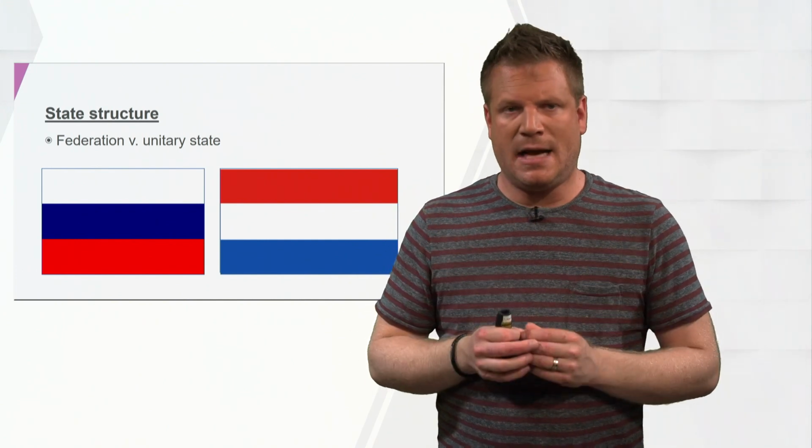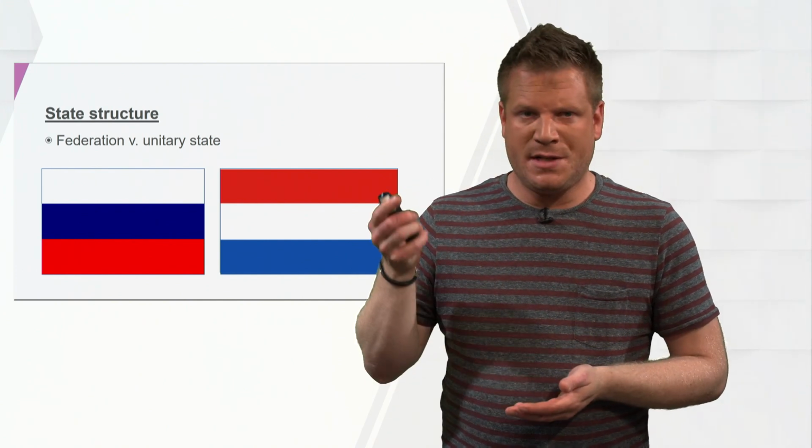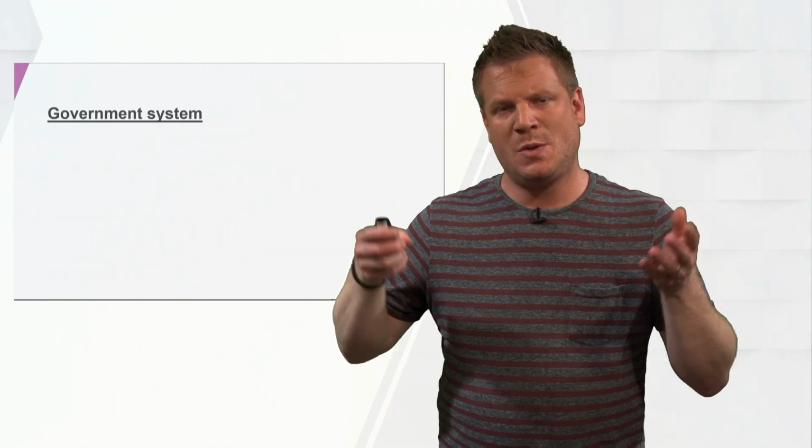So this is about a state structure, which is a different discussion compared to the government system. In the context of a government system, we ask ourselves the question how power is distributed. And traditionally we make a distinction between a monarchy and a republic.